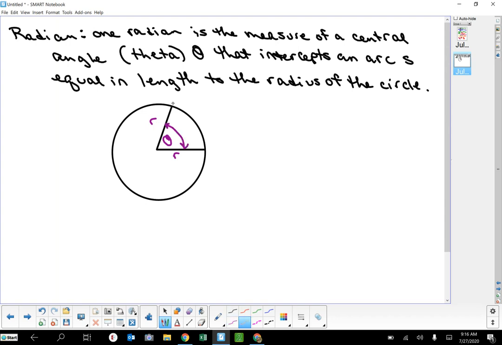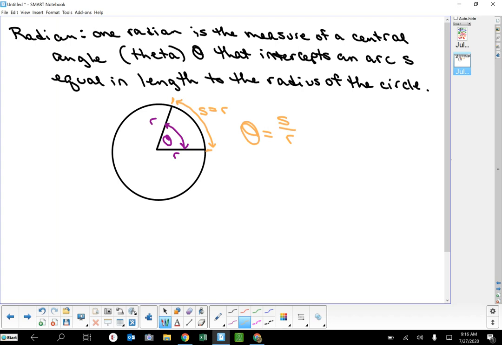And then from here to here would be the arc length S, and that is equal to R, the radius. Okay, so at this point, theta equals S over R.